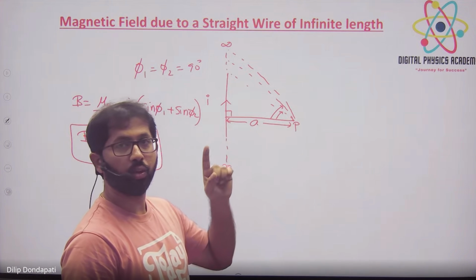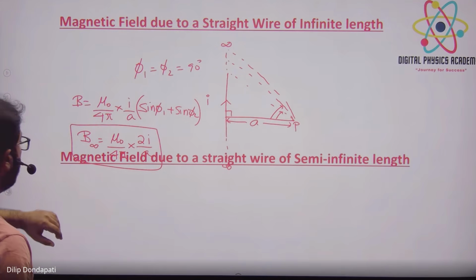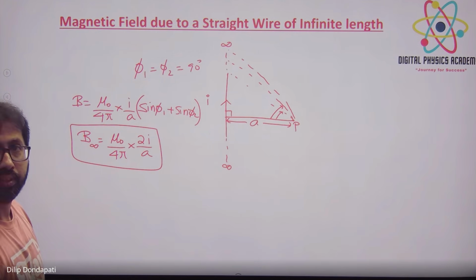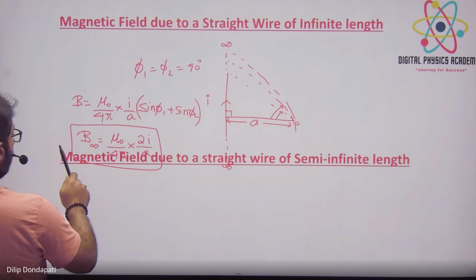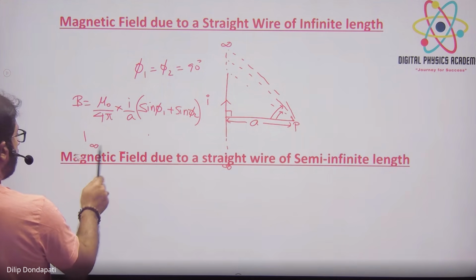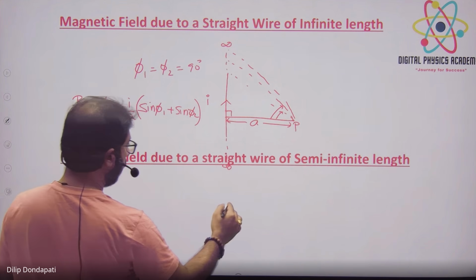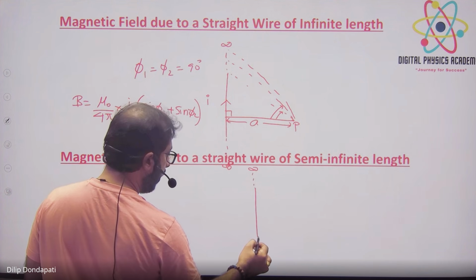After that we have to go for circular wires. Okay, now for the semi-infinite wire. Semi-infinite means one side is infinity and the other side ends.